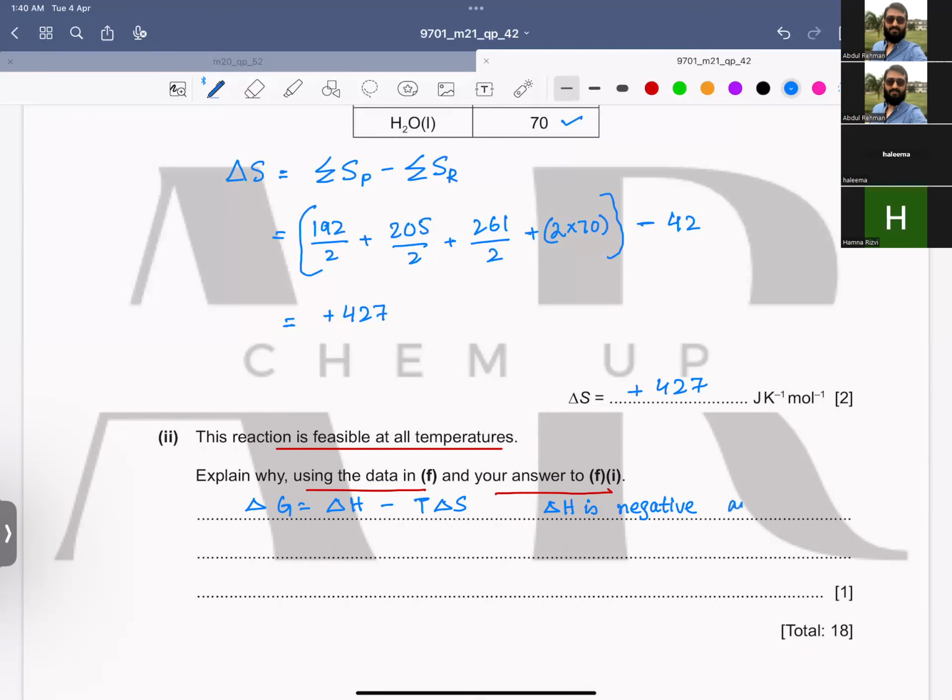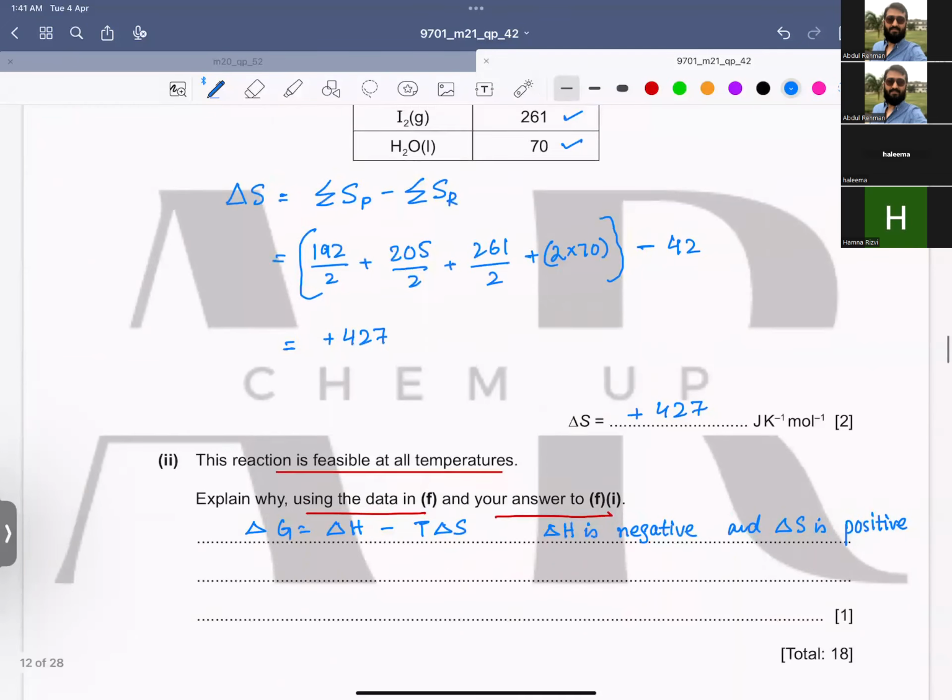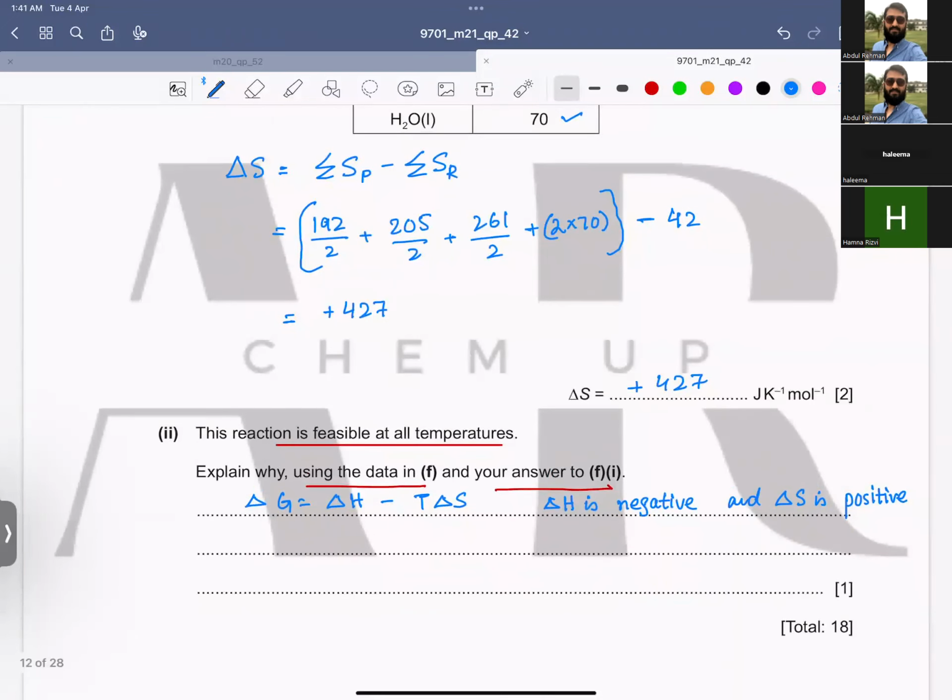And delta S is positive. So see over here, whatever the value over here, it's positive. We have a negative sign, so whatever the value over here is negative.